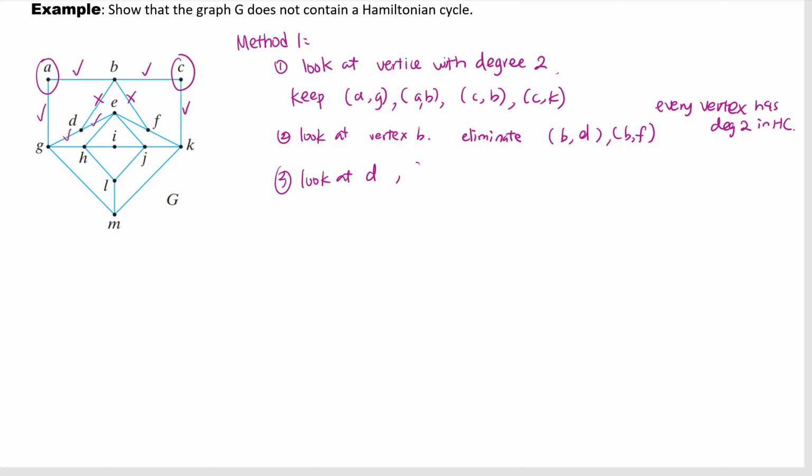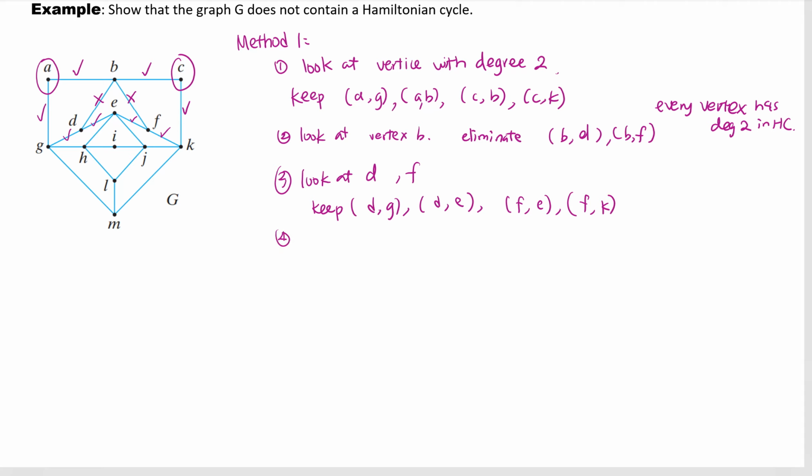And let's look at F. There are only 2 edges incident to F, so we have to keep them. So we need to keep DG, DE, and FE, and FK. Right? So far so good.